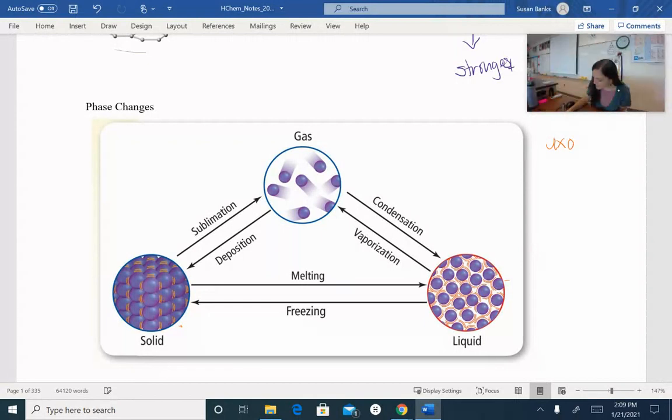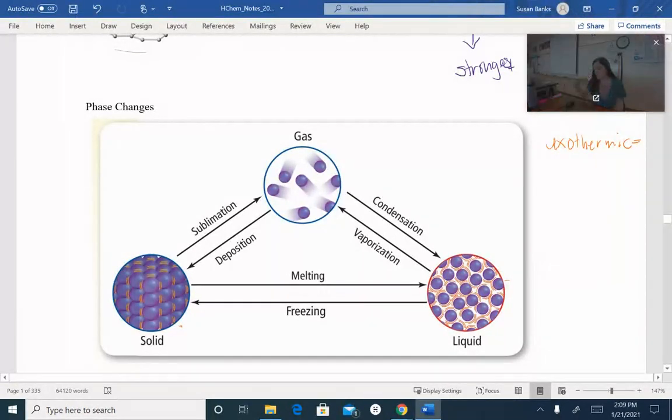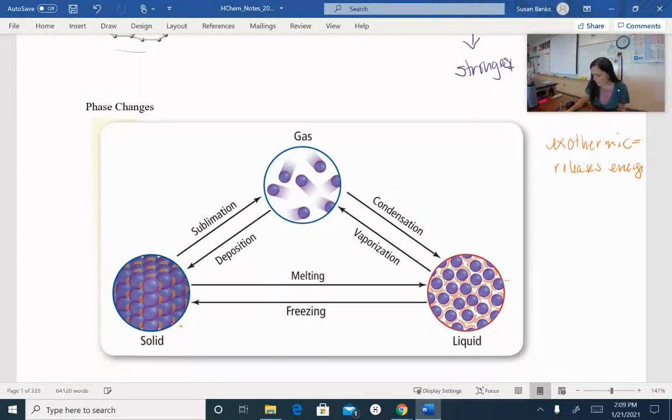endothermic and exothermic. So I'm going to define these words first. So exothermic is a reaction that releases energy. So it's an energy releasing reaction.